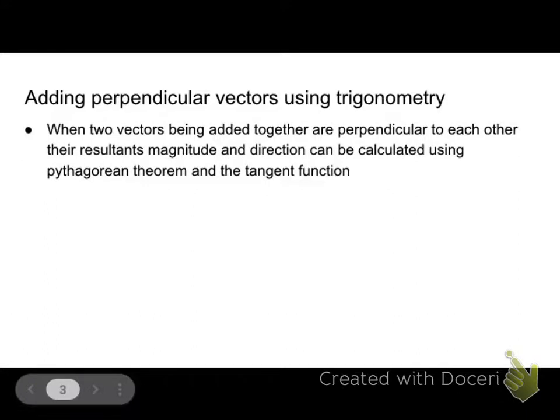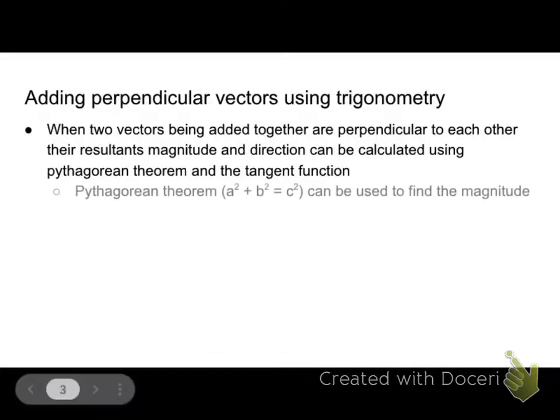Okay? When you're adding two vectors together that are perpendicular to each other, meaning they are at 90 degrees to each other, forming two sides of a right triangle, you can use the Pythagorean theorem and the tangent function to calculate their magnitude and direction.